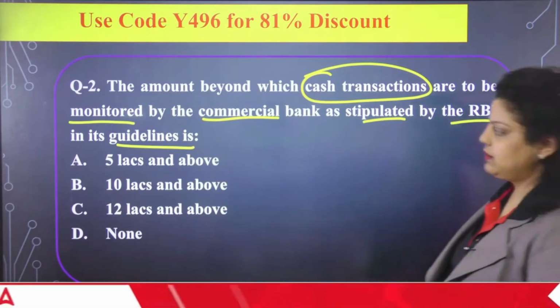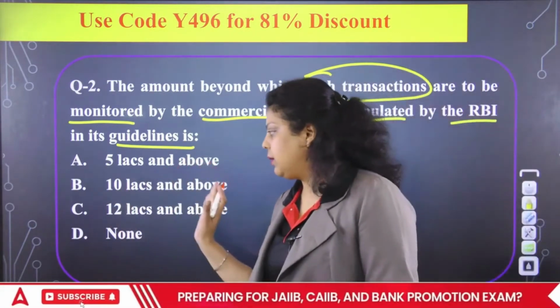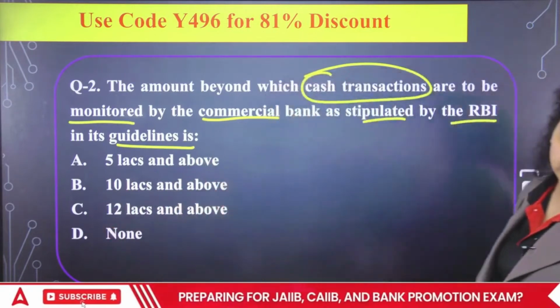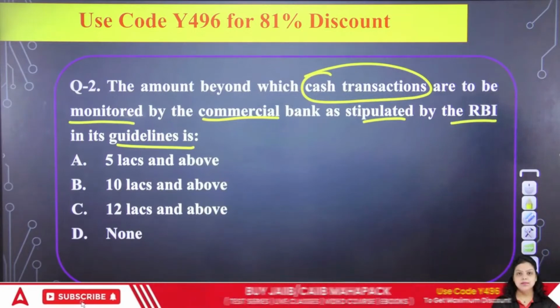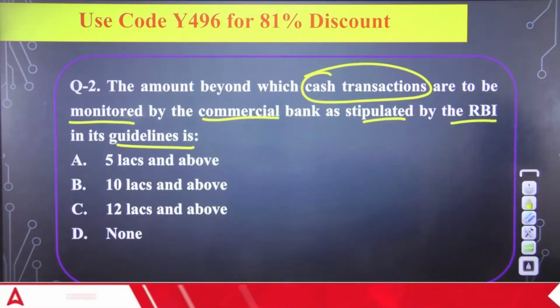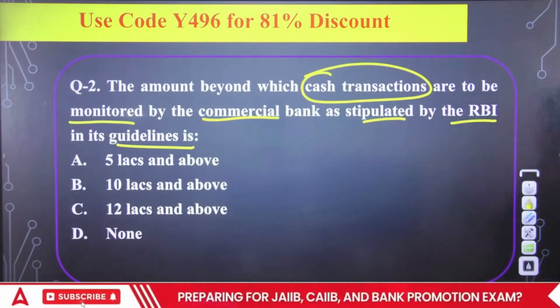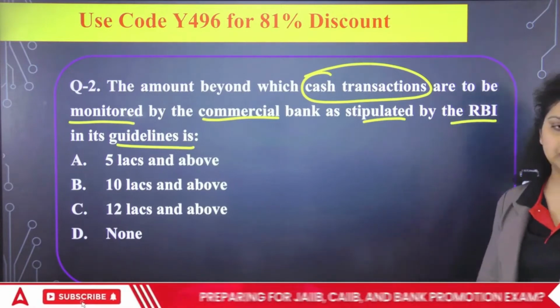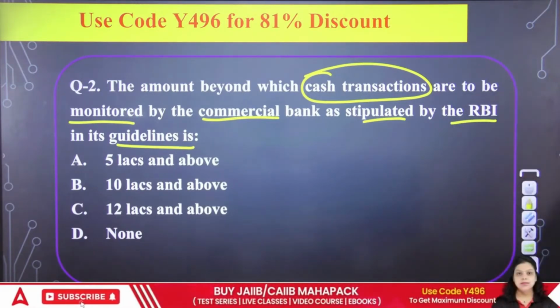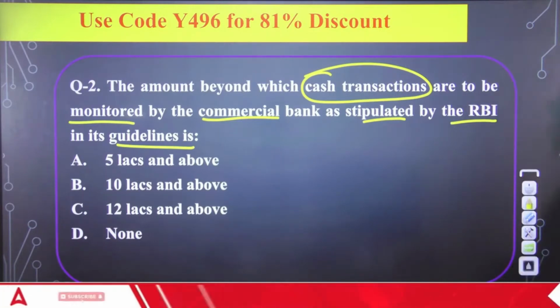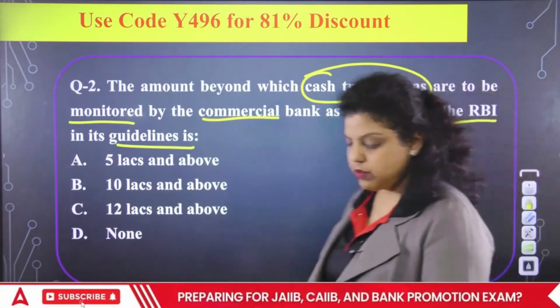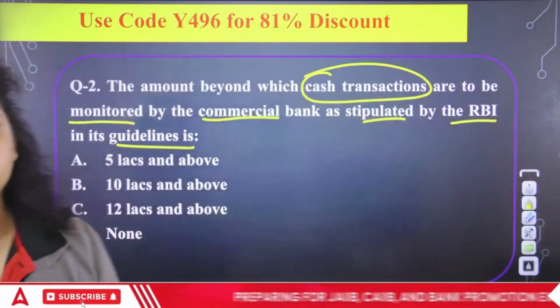Is it 5 lakh and above, 10 lakhs and above, 12 lakhs and above, or none of the above? Which of the following is correct? A, B, C or D?